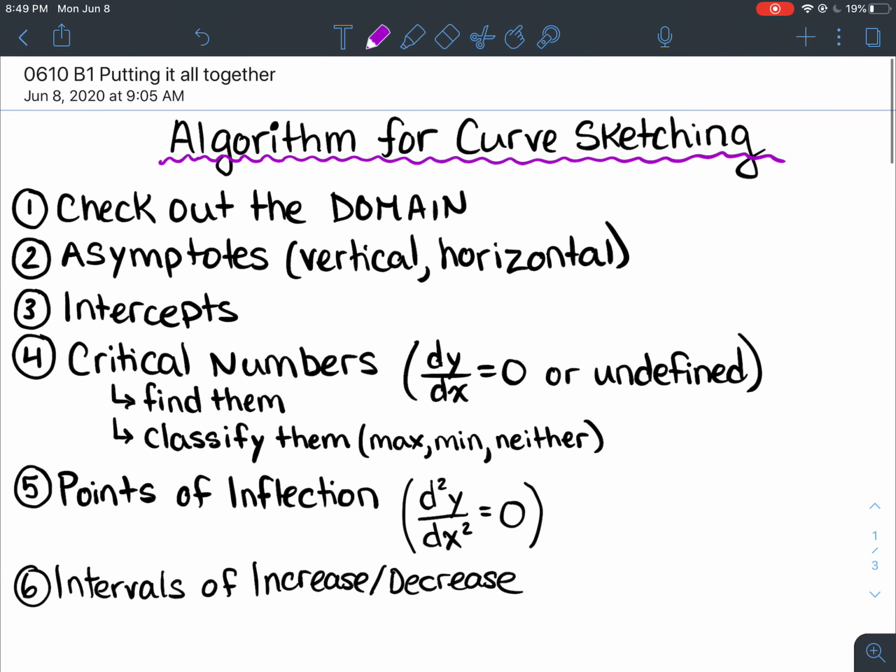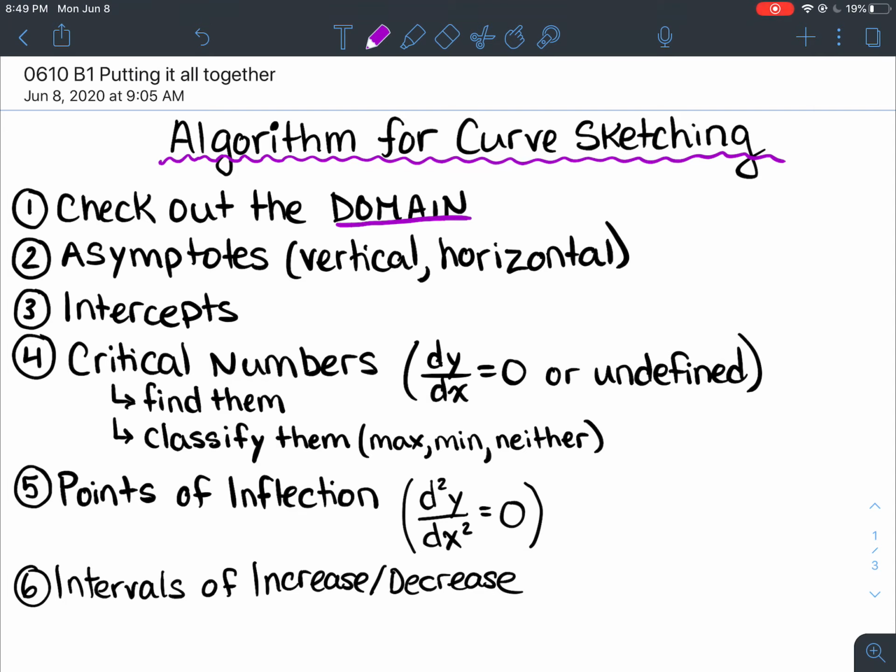Just to go over this list, it's in the class notes too, so you can access it. First, I'm going to check out the domain of the graph to see if there are any discontinuities in the function, whether it goes through every value of x. Then you want to check for asymptotes, vertical or horizontal.